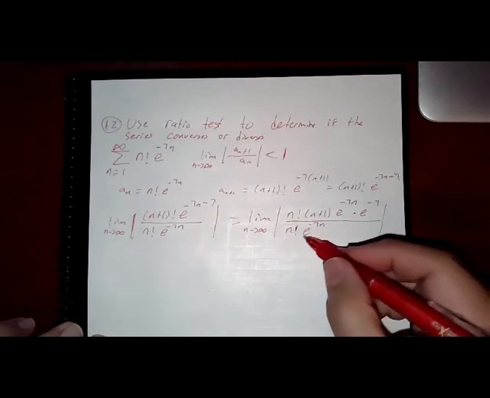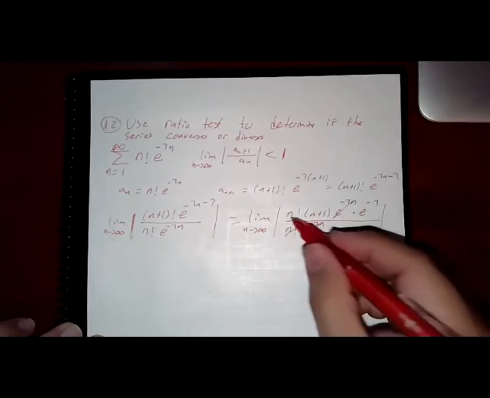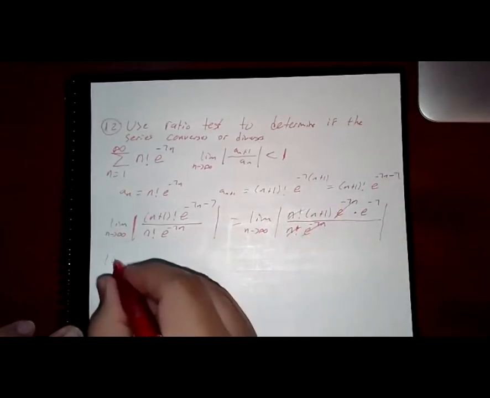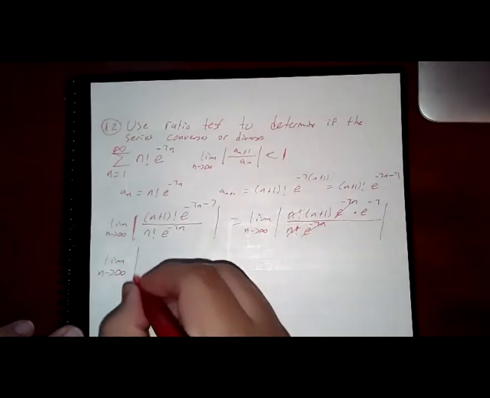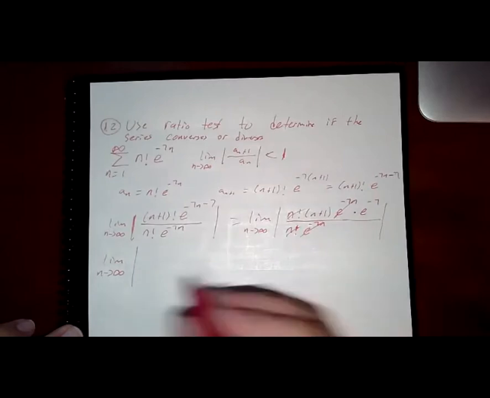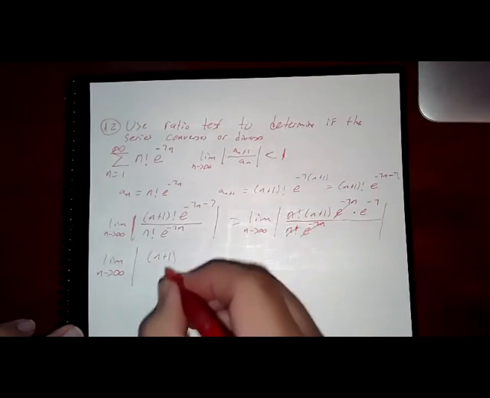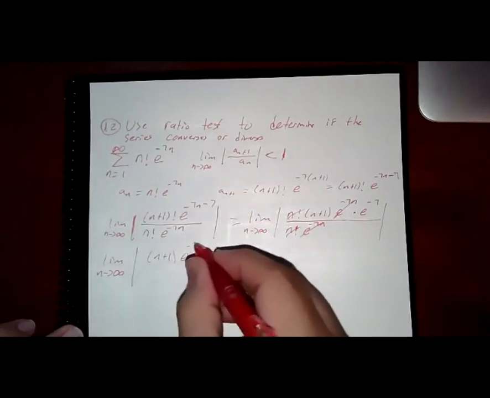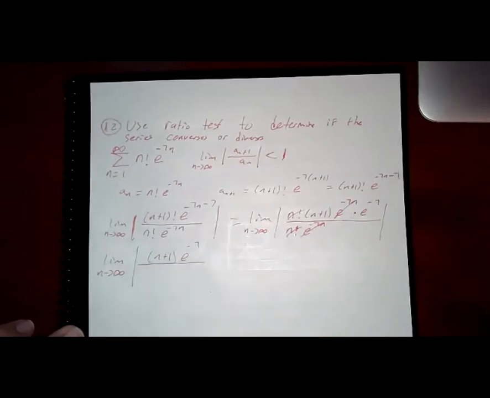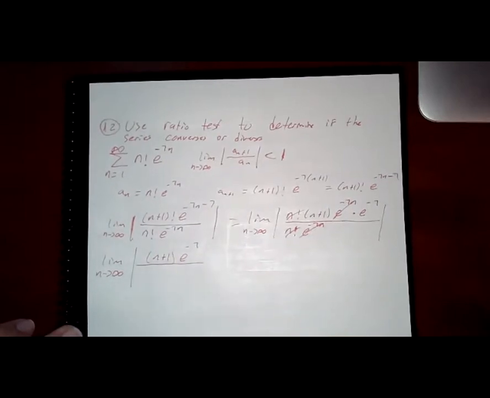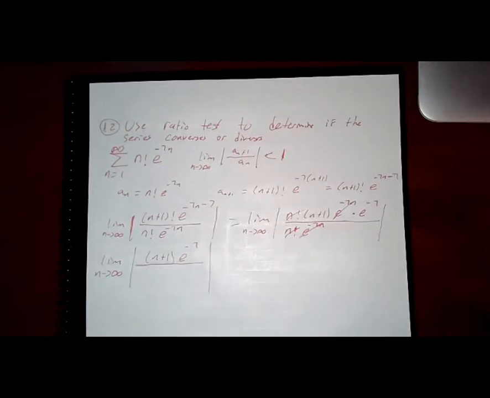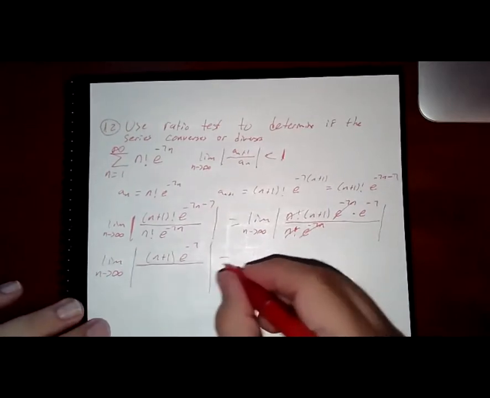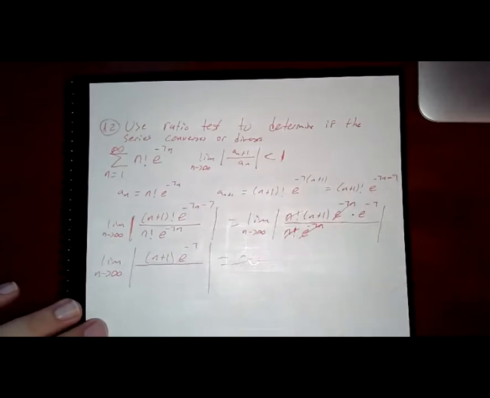So this cancels, and this cancels. So now I have the limit as n goes to infinity of n plus 1 times e to the negative 7, over, there's nothing left, right? Looks like infinite to me, doesn't it?